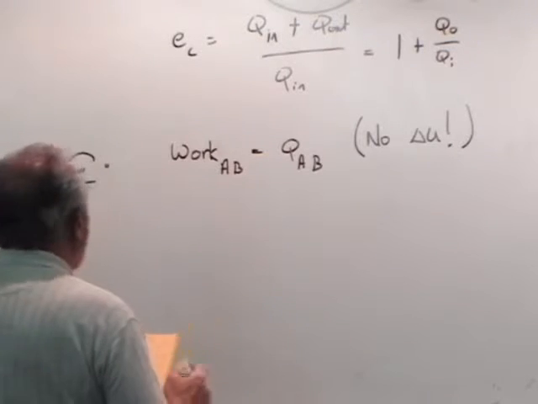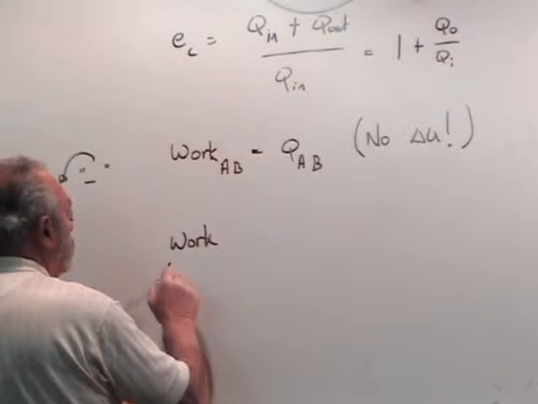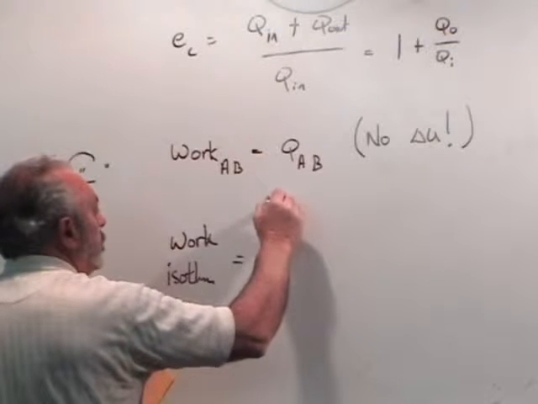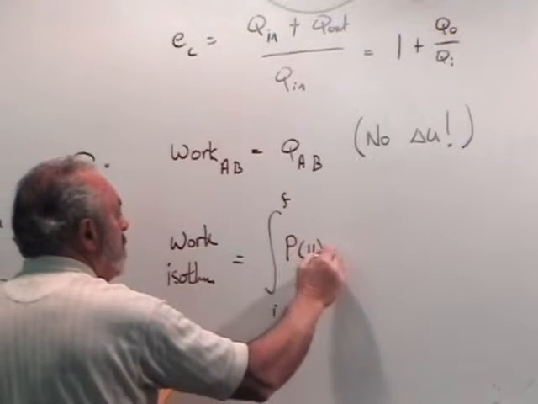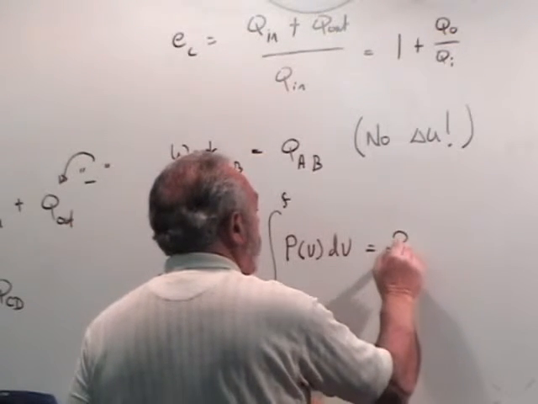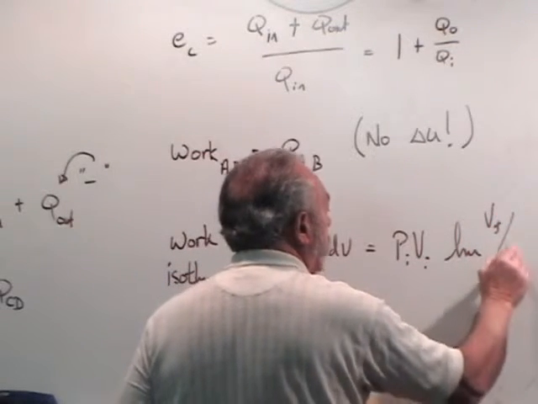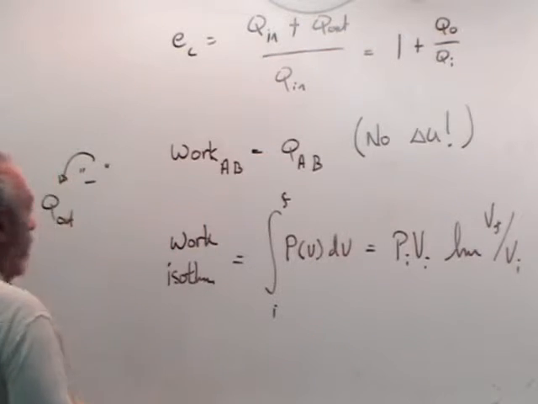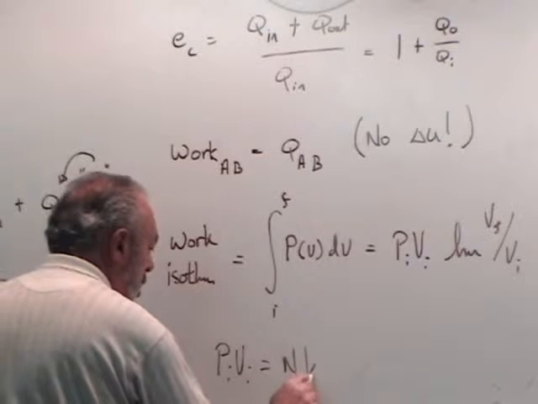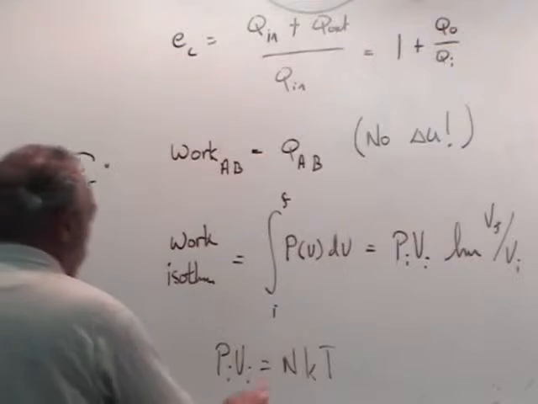Okay. So, of course, you remember that work isothermal is equal to the integral from the initial to the final position of P of V dV. But since it is isothermal, it turns out to be P initial V initial times the ln of V final divided by V initial. And P initial V initial is going to be NKT, and in this case, it's T hot, the temperature of the first reservoir.